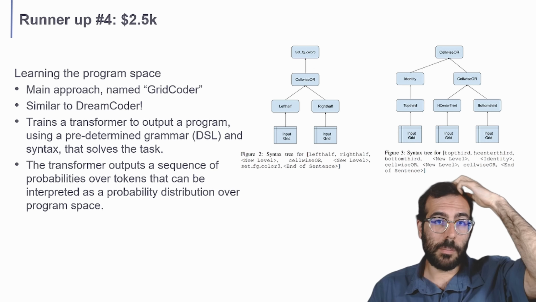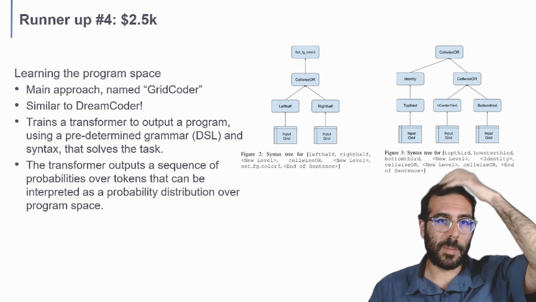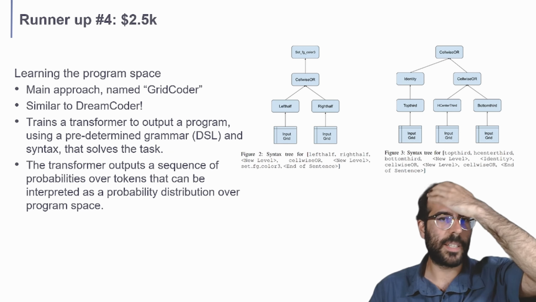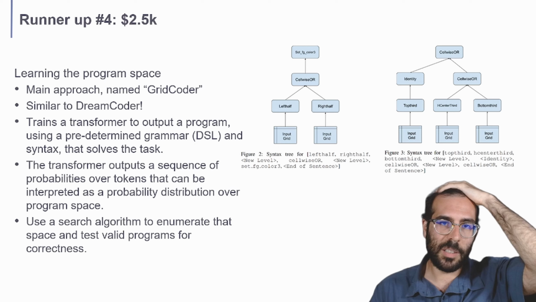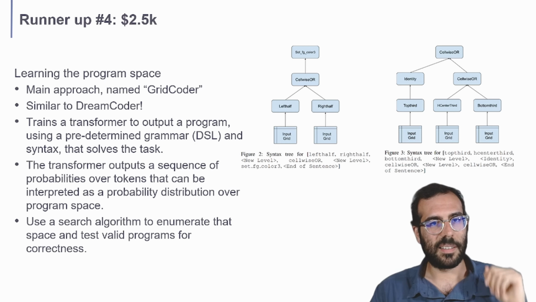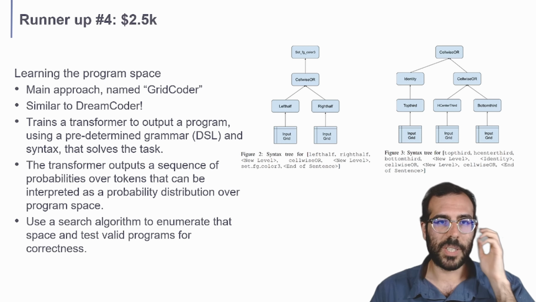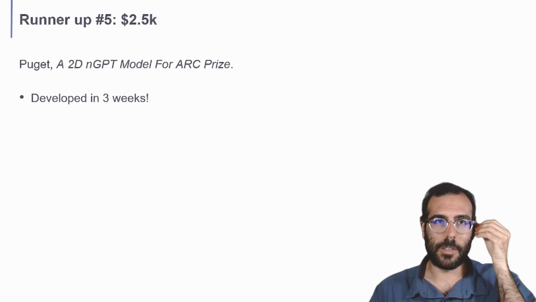And the transformer outputs a sequence of probabilities over tokens that can be interpreted as a probability distribution over the program space. The search algorithm enumerates the space of possible programs, and it tests the programs for correctness.